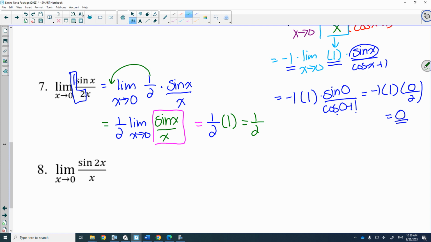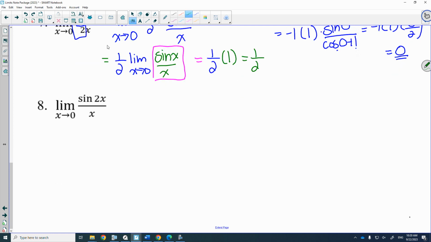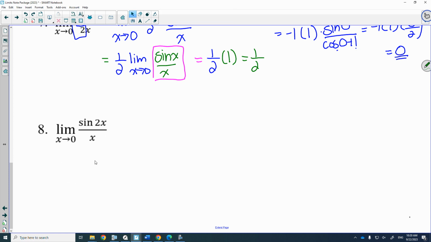Okay, this guy right here. I'm going to show you 2 different ways how we could solve this limit. So the first way, again, we'd get 0 over 0, which would be indeterminate, because if you put 0 in here, I'd get the sine of 0, which is 0 over 0. So first thing you could look at is you could say, oh, this is the double angle for sine identity, right?